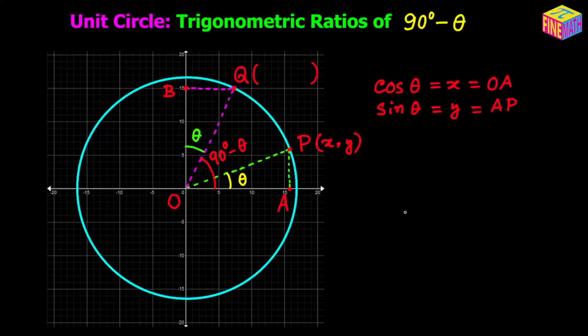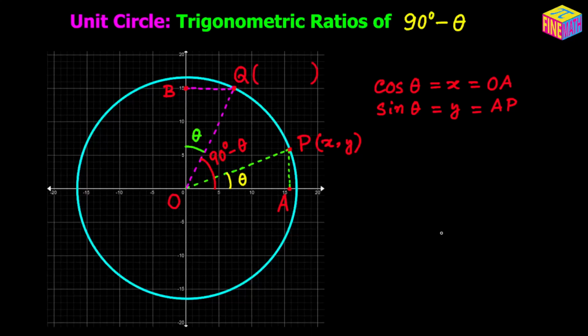From the concept of unit circle and trigonometric functions, we know that the x coordinate always represents the cosine of the angle and the y coordinate always represents the sine of the angle. Now in this particular topic, the angle is 90 degree minus theta, so you need to be very careful about that. We are not talking about theta, we are talking about 90 degree minus theta, that angle, right?